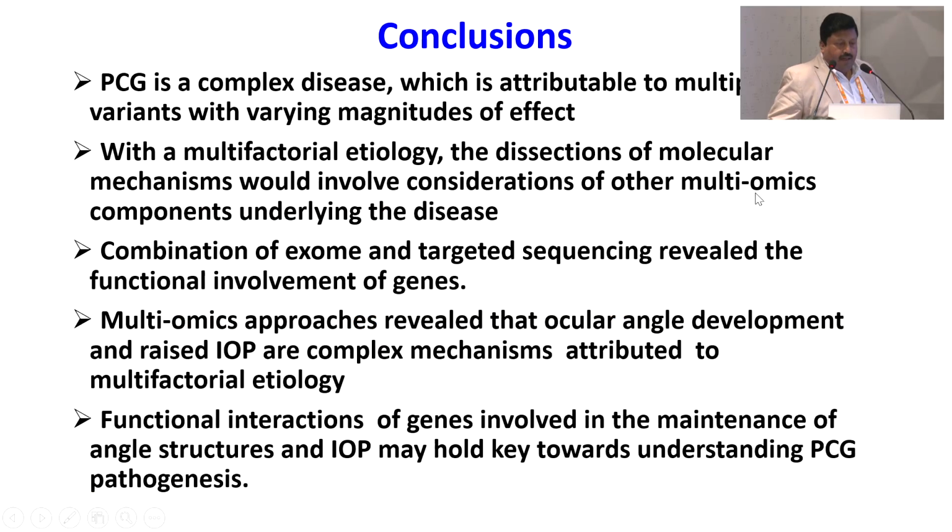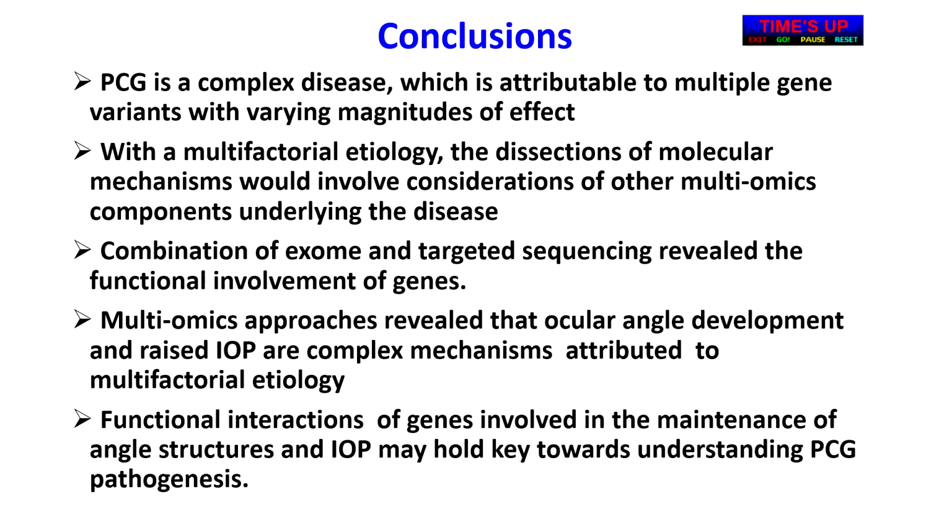TGF-beta. So to conclude, it is a complex disease, which was earlier not thought of as a complex disease, and it has multiple variants with varying magnitudes of effect. So we need to consider these multi-omics approaches, and combinations of sequencing strategies actually revealed signatures, which we have validated some of them, not all of them.